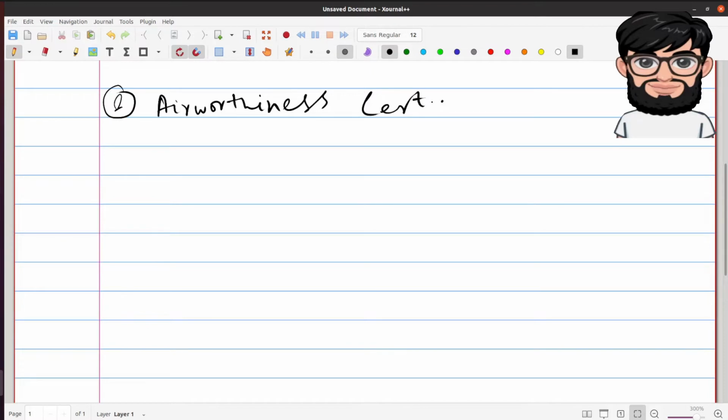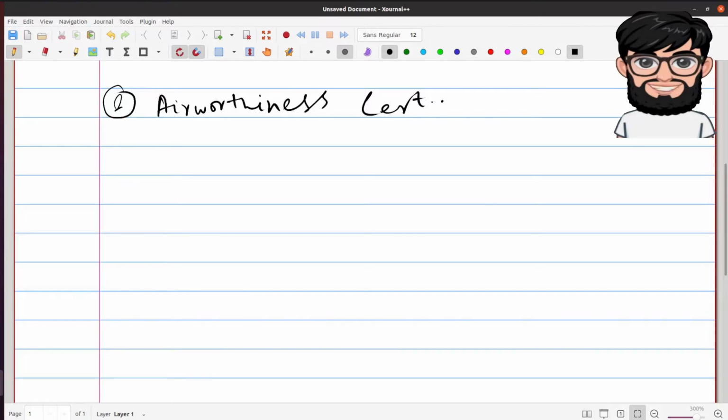It is not issued to the pilot. It is for the aircraft, and it just says that the aircraft meets the minimum design and manufacturing requirements, and it is safe for the flight. It does meet the conditions for the safe operation.